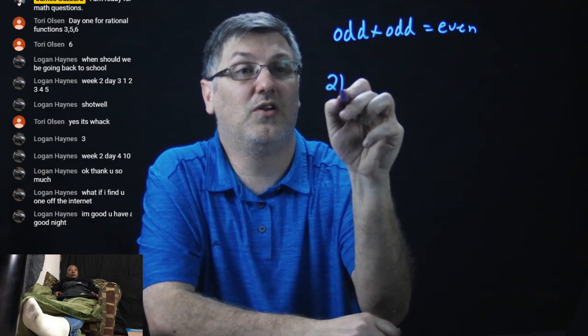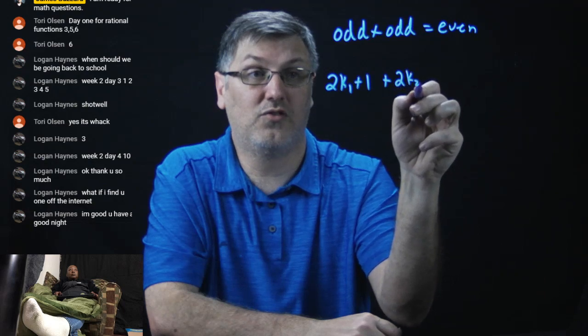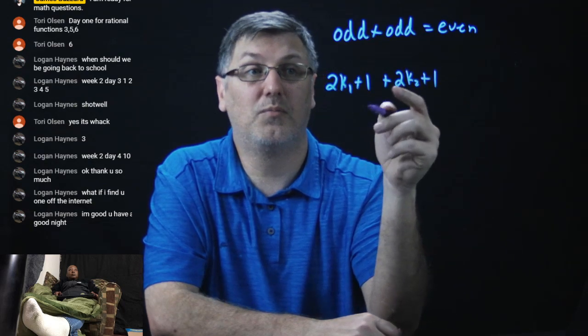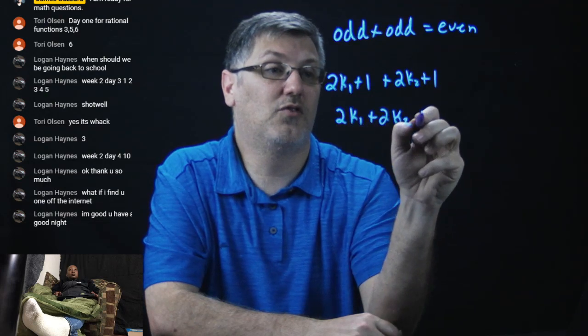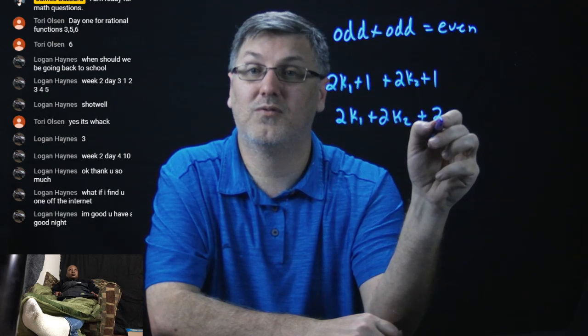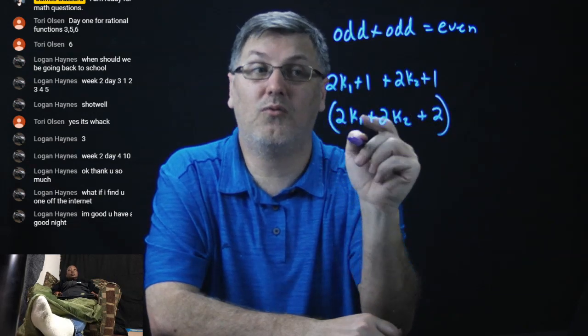Because my odd would be 2k sub 1 plus 1 plus 2k sub 2 plus 1. Combining like terms, I have 2k sub 1 plus 2k sub 2 plus 2, right? So, what do all these have in common?